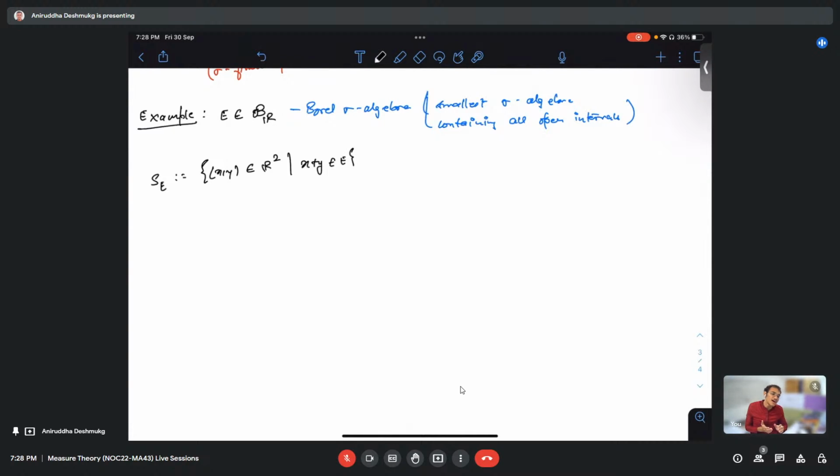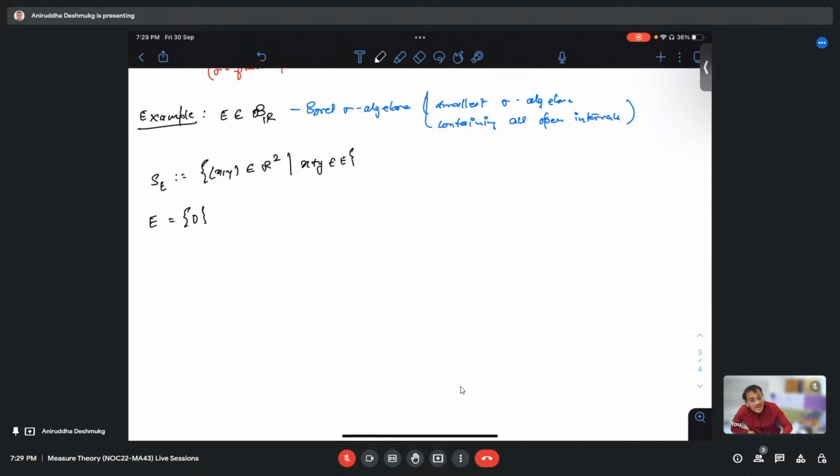Now, one may ask, first of all, what does this set mean? How does this set look like in R2? So let us look at a few examples where we can construct this S_E in a very particular fashion, and we can look at it as some diagrammatic representation of maybe lines, points, rectangles, or anything of that sort. So first, let us look at a singleton set. Let us look at singleton 0.